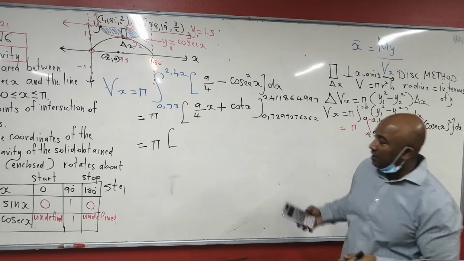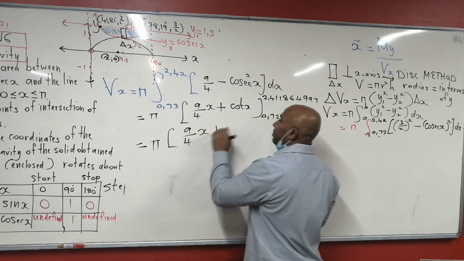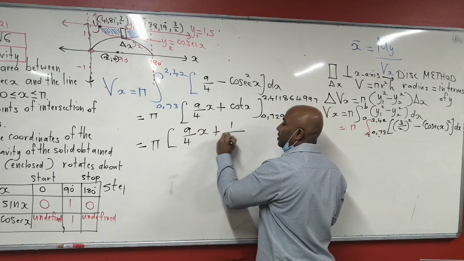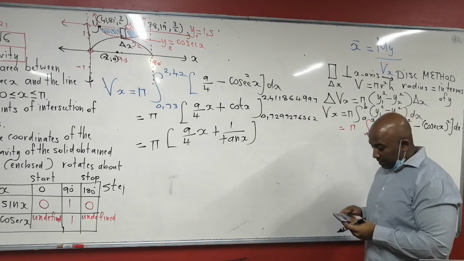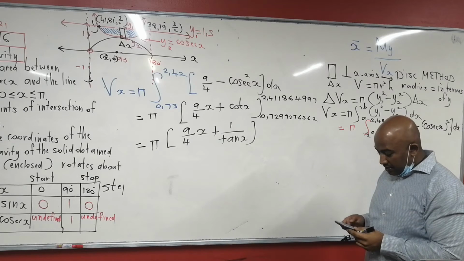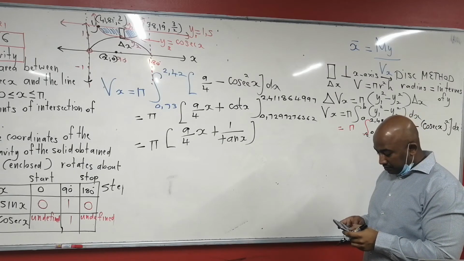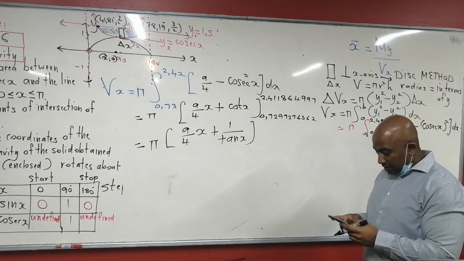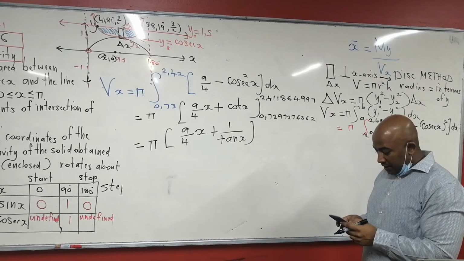Now, when you are doing this on the calculator, you got 9 over 4x plus cot. You can write it as 1 over tan. Okay. Calculator in radians, yeah, not in degrees now. In radians, so what do I have? 9 over 4 x plus 1 divided by tan x.